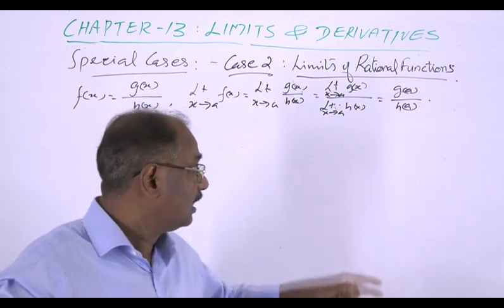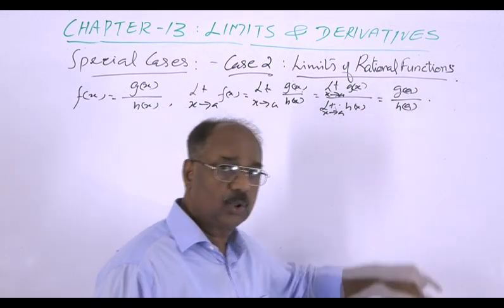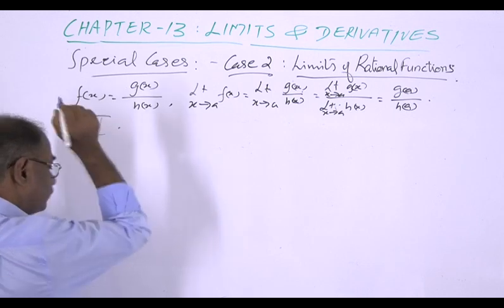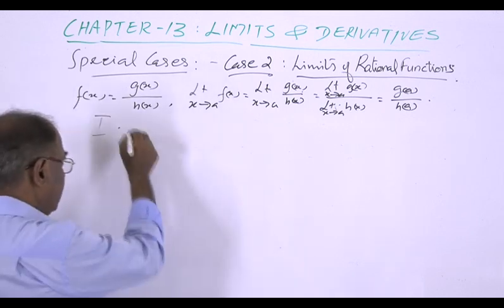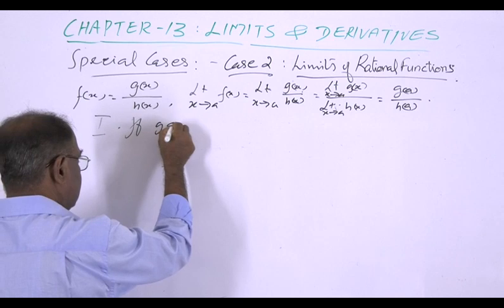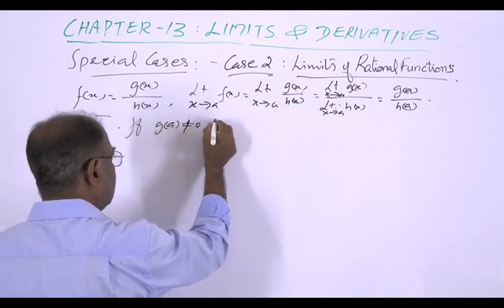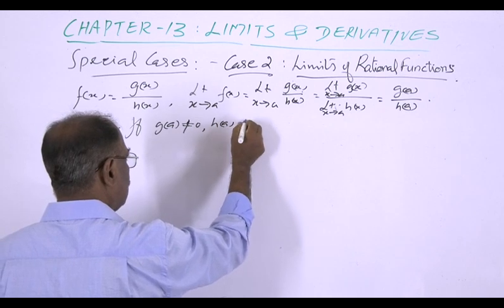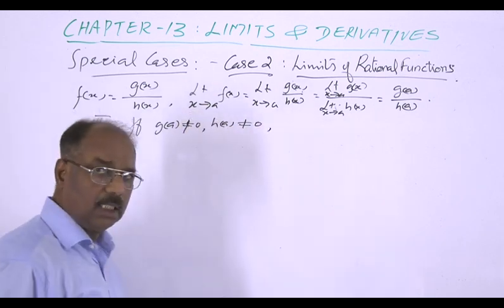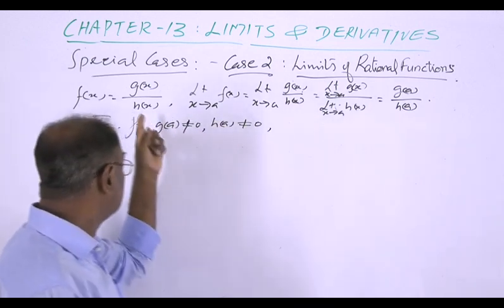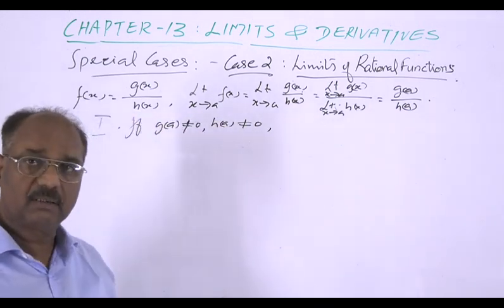We consider the cases one by one. If g(a) not equal to 0 and h(a) not equal to 0, then clearly g(a) by h(a) is the limit of this function as x tends to a.